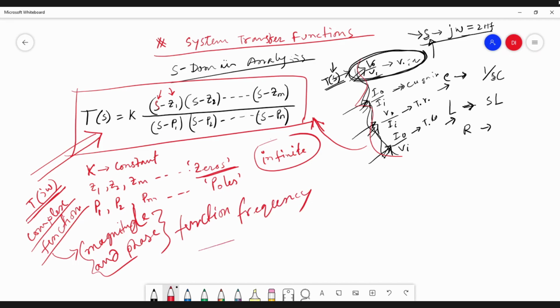Even those who went through the Sadiku book earlier in circuit analysis, I think they are already familiar with this one. Okay, then we can consider a simple circuit to see how we can calculate the frequency response.